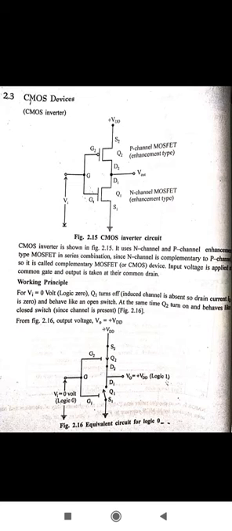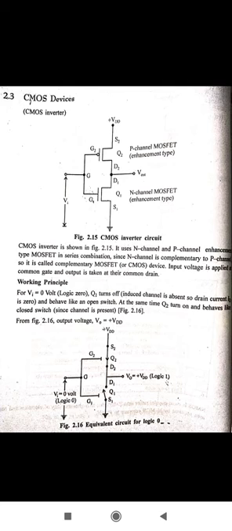According to the switching properties, the PMOS turns on at a very low voltage, when we provide 0 voltage. The upper transistor is Q2, the P channel enhancement type MOSFET, and below it the N channel enhancement type MOSFET, denoted by Q1. When the input is 0, the P channel MOSFET is on and the N channel MOSFET is off.